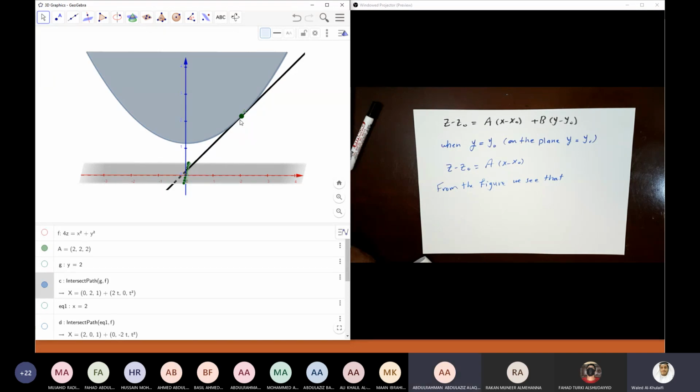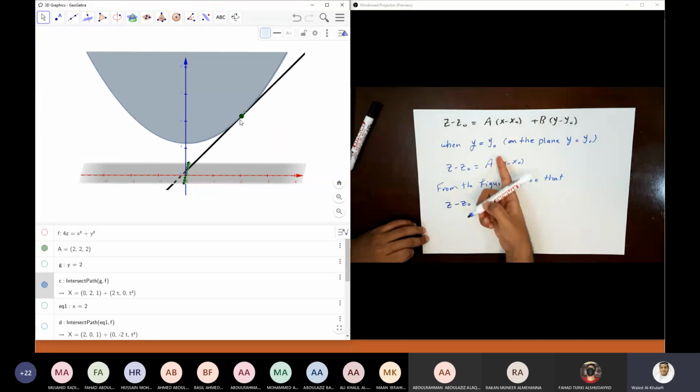So first, to write the equation of the tangent line, remember it is y minus y naught, but instead of y, we say z minus z naught equals the slope. What is the slope of that line? Remember, we are in the plane y equals y naught, meaning y is a constant. So what will be the slope?